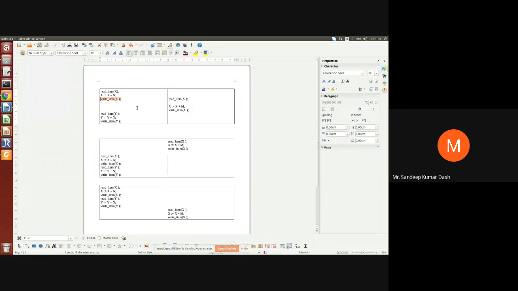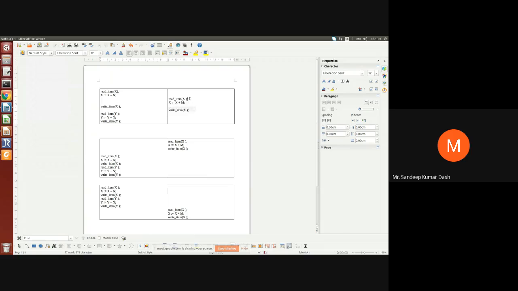This will come down by one place to time unit 4. Now again, this will go up by one place. This will come down by one place.